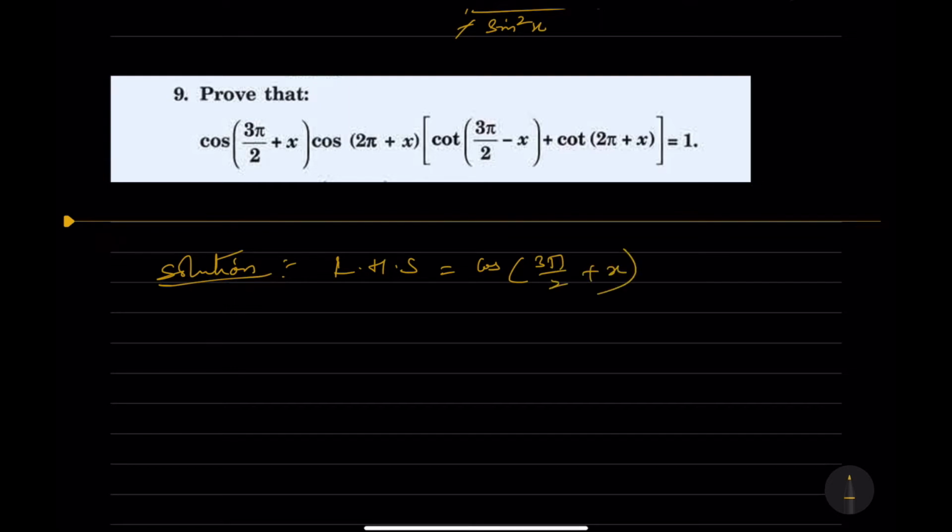Cos(3π/2 + x) into cos(2π + x). So in brackets you have again cot(3π/2 − x) + cot(2π + x).